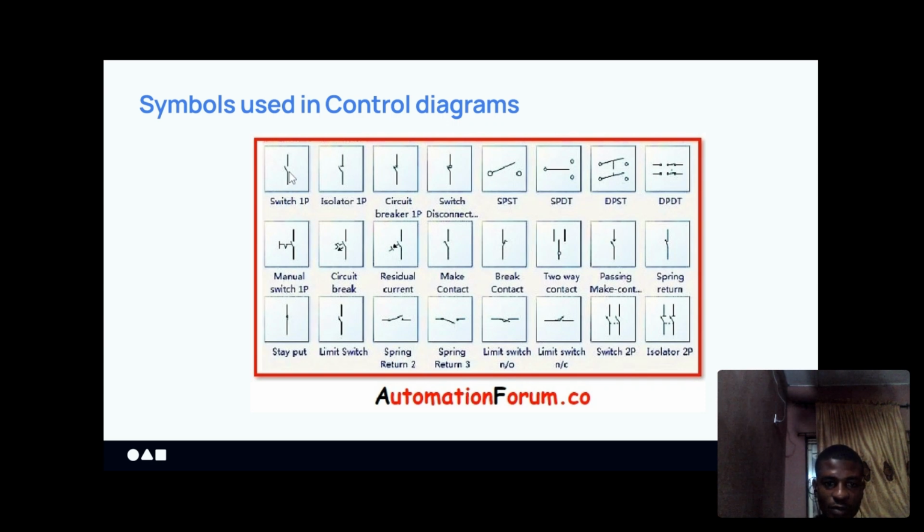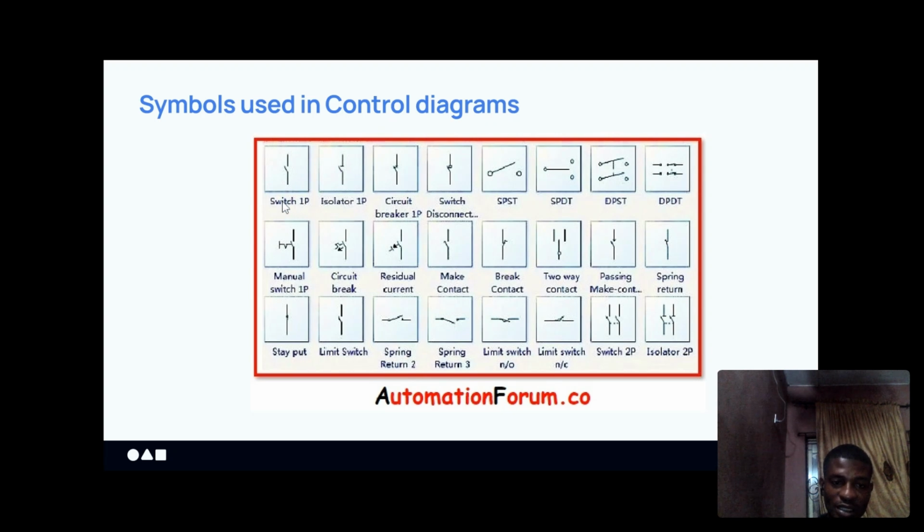Some of the symbols, like I mentioned before: if you see a symbol like this with an open contact, it is referring to a normally open contact. On the right here, a symbol like this is referring to a normally closed contact.